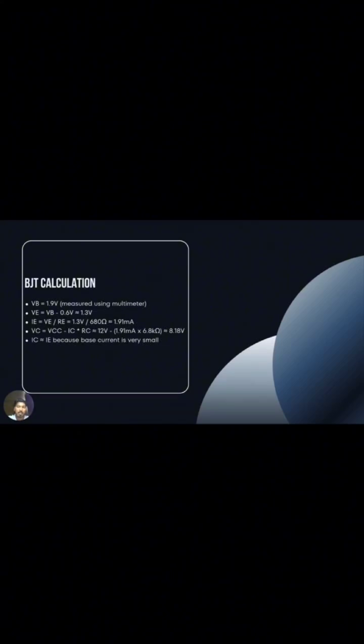This is because the base current is very small, so we assume IC equals IE. That's why we use the previous answer, which is 1.91 milliampere, as the IC. RC is a constant value in the circuit, which is 6.8 kilo ohm. So we calculate using this formula, and we get the final answer of 8.18 volt. That is the collector voltage VC.